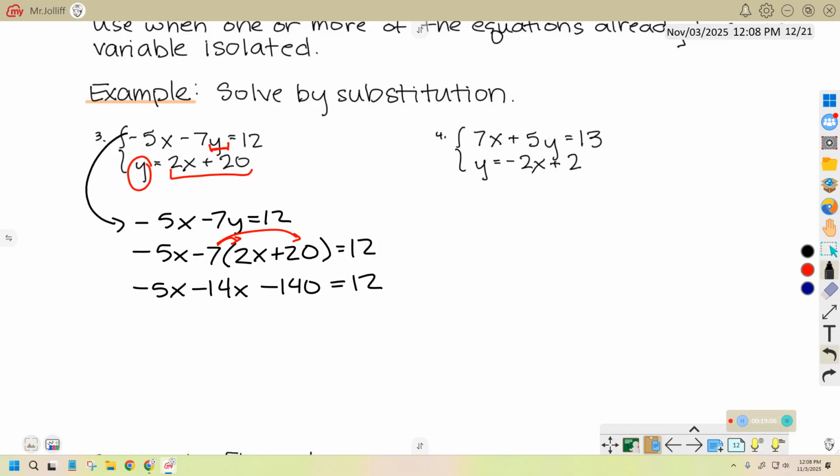Next suggestion. What am I adding? Combine like terms. Very good. There's an x term and an x term. So -5, -14 becomes -19x. Minus 140 equals 12.